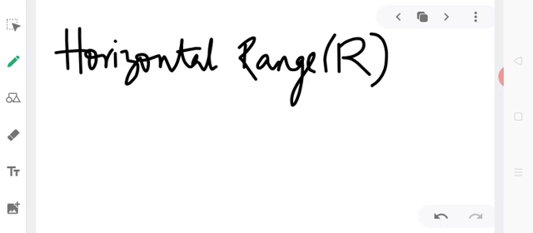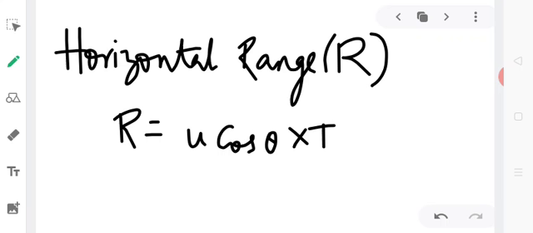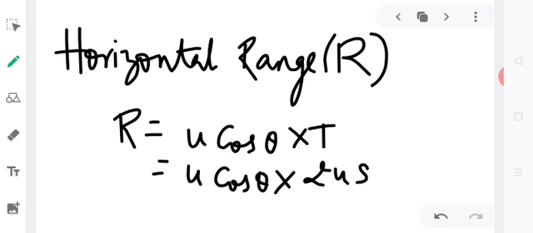Horizontal range. It is the horizontal distance covered by the object between its point of projection and the point of hitting the ground. So it is denoted by r. Clearly, the horizontal range is the horizontal distance covered by the object with uniform velocity u cos theta in the time equal to total time of flight. So r will be equal to u cos theta multiplied by T. That will be equal to u cos theta into twice u sin theta by g.